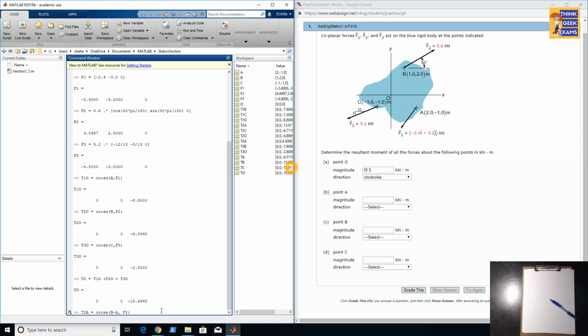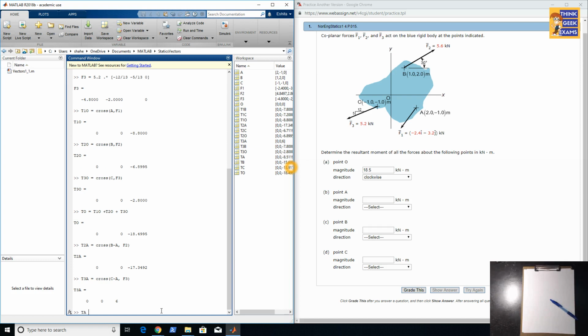And that should give us a clockwise spin, so it's going to be negative. That is correct. So next one is T3A, and that's going to be C minus A and F3, and that should be positive.